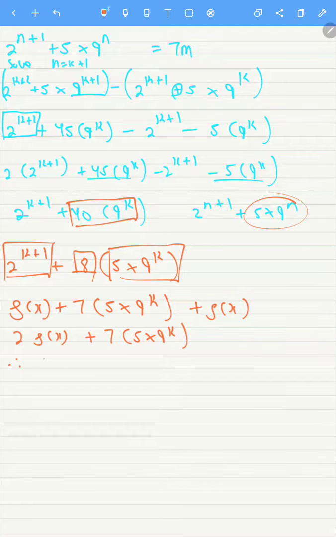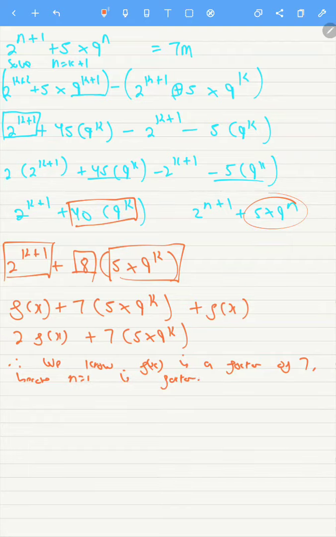So therefore, we know f(x) is a factor of 7, and that's because right at the start you proved that n equals 1 is a factor.